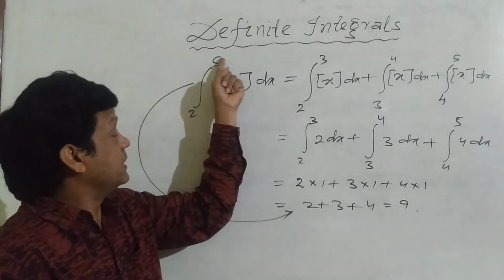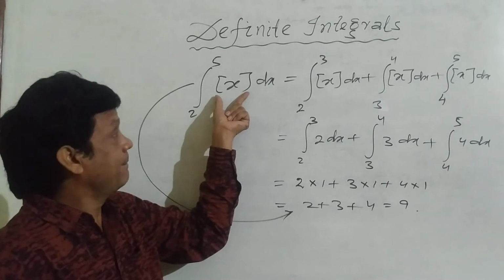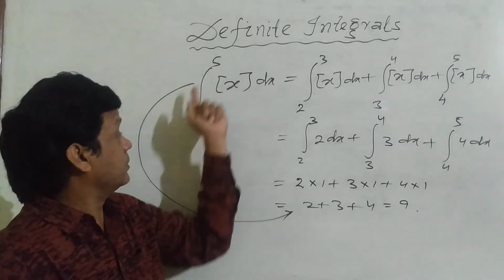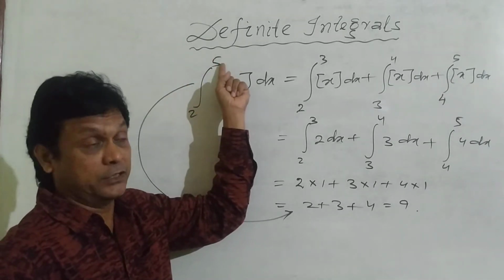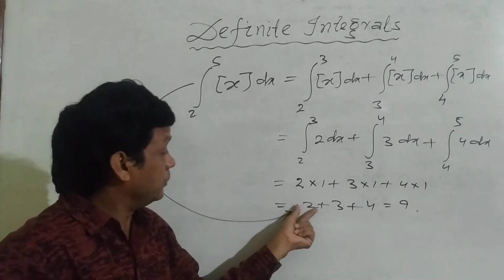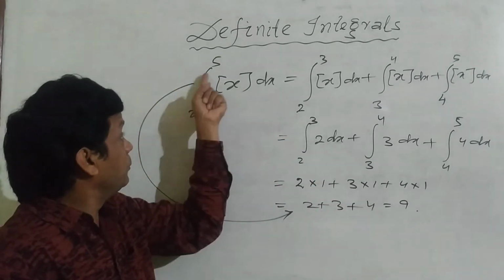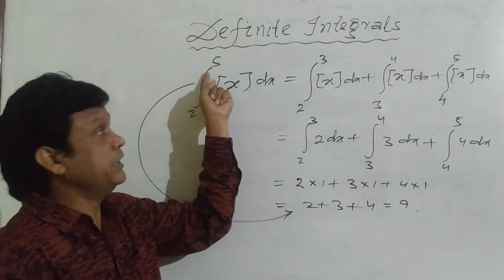So come directly from this to this. Here 2 to 5 is there, and the question is bracket x. Here both the limits are integers, 2 is an integer and 5 is also an integer. So start from the lower limit: 2 plus 3 plus 4. That means you should start from 2 up to the integer just below 5, that means up to 4.